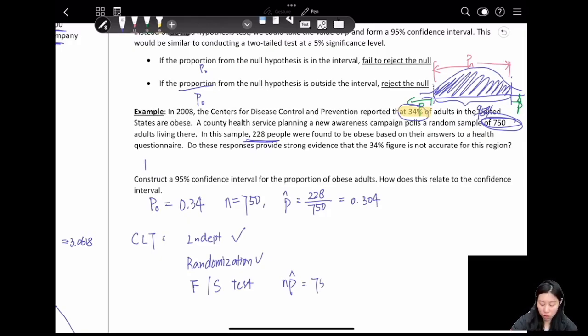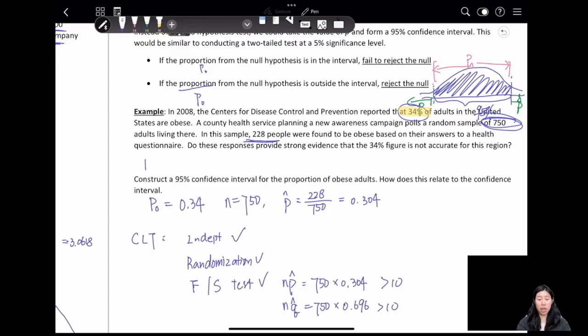So we have 715 times 0.304, and then the failure rate would be q hat. So they're both greater than 10. So that means we pass the success failure test.